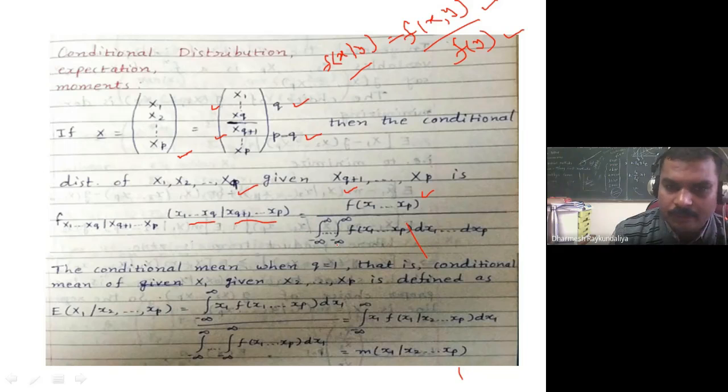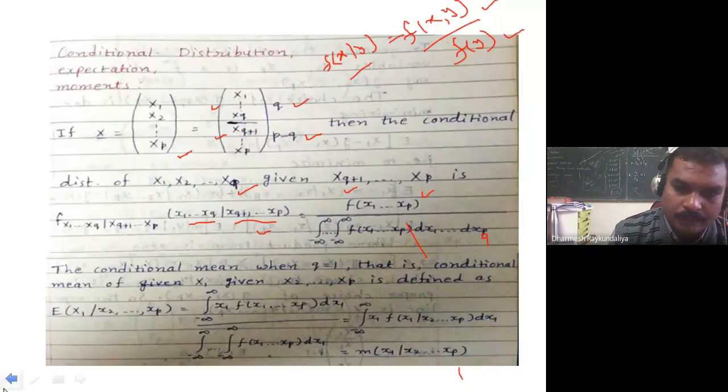You just integrate the joint density with respect to x1, x2, xq. If you integrate the joint density with respect to x1, x2, xq, you will get the density of xq plus 1 up to xp. So it is the joint divided by the corresponding density of xq plus 1 to xp.